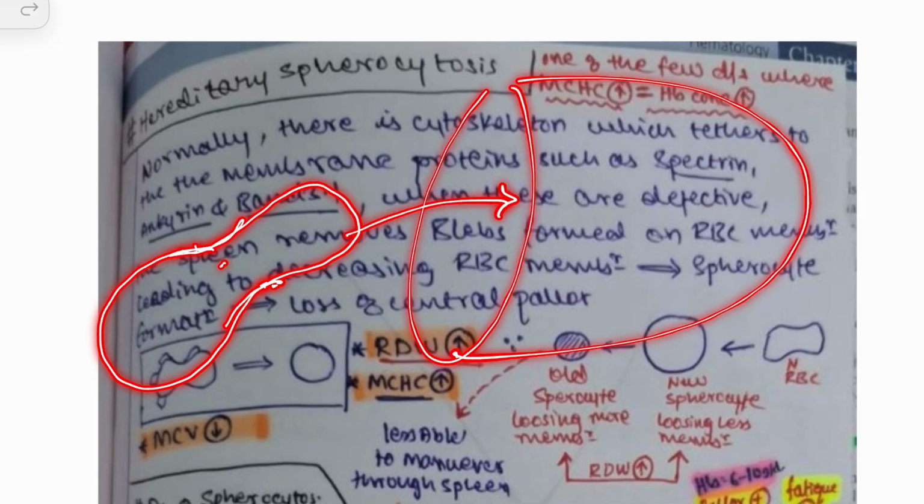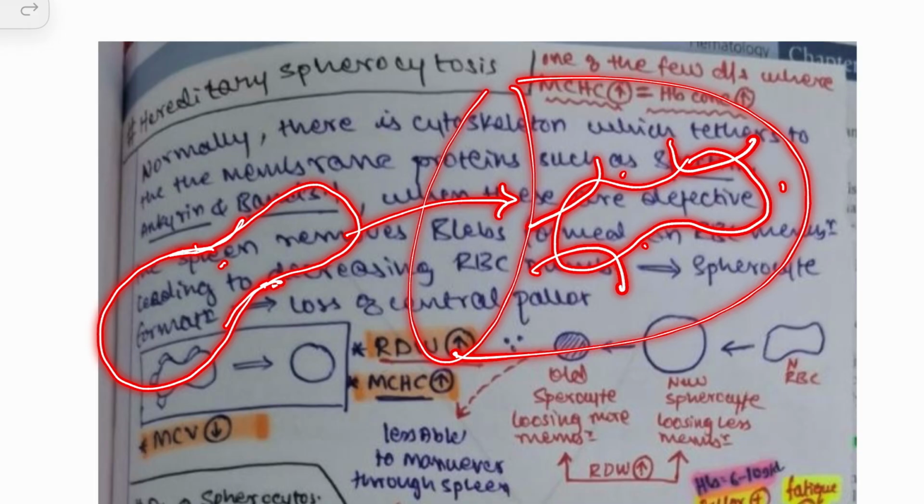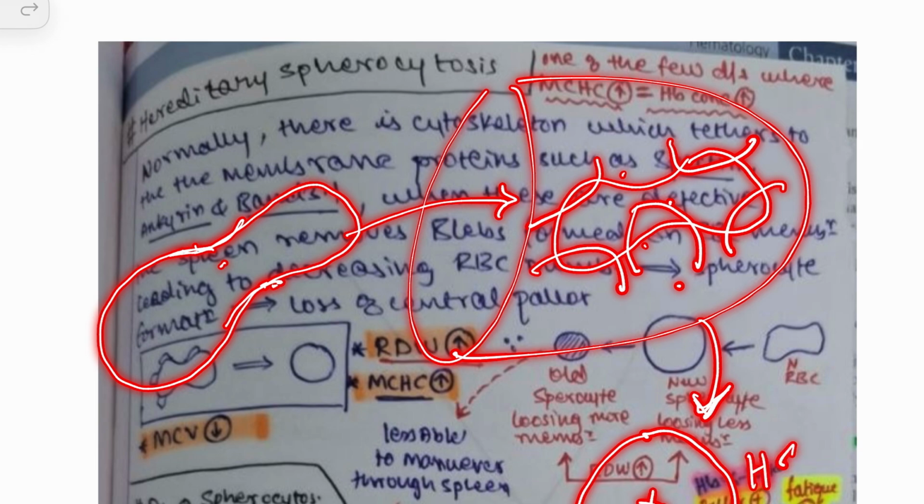Because of this membrane defect, the spleen starts removing part of the RBC membrane. When it does, the RBC becomes spherical, so the central pallor won't be there. This is called hereditary spherocytosis, because spherocytes have increased in number.